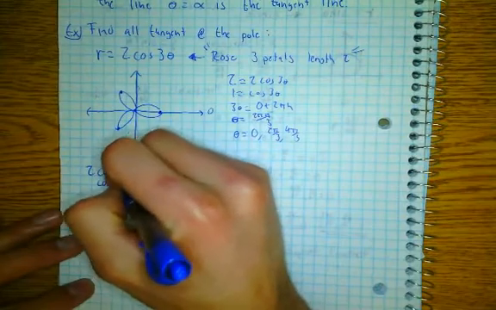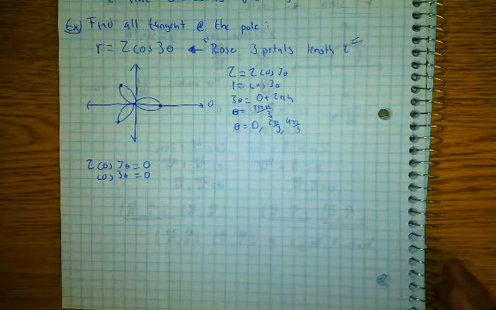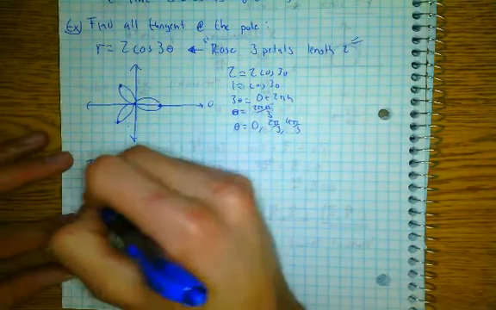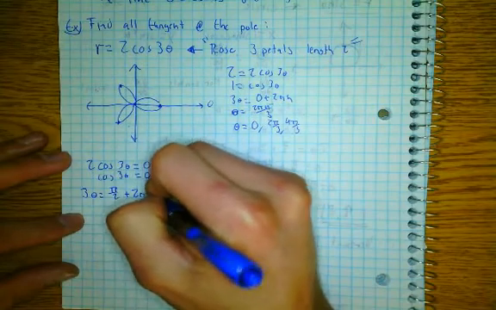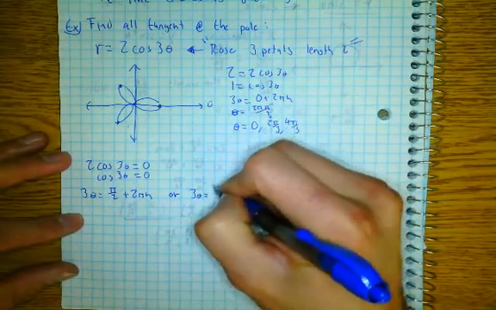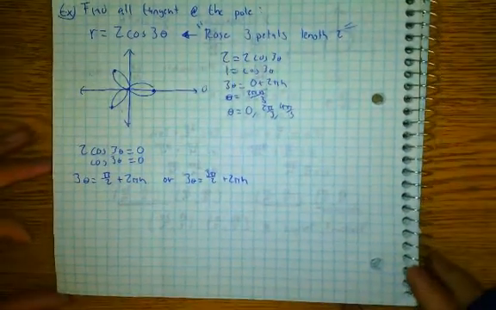So cosine of 3 theta equals 0. So where on the unit circle is cosine 0? Pi over 2, and so that means that 3 theta equals pi over 2 plus 2 pi n, or 3 theta equals 3 pi over 2 plus 2 pi n. Agreed?